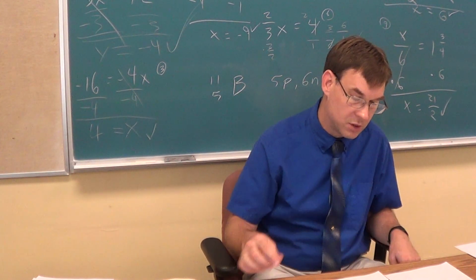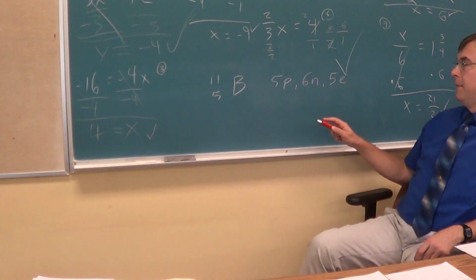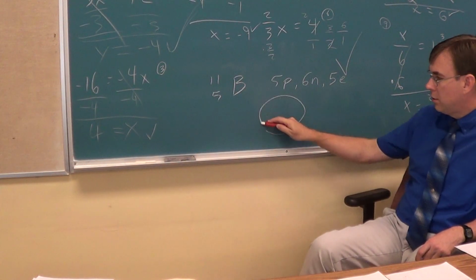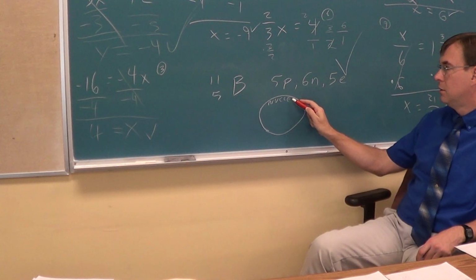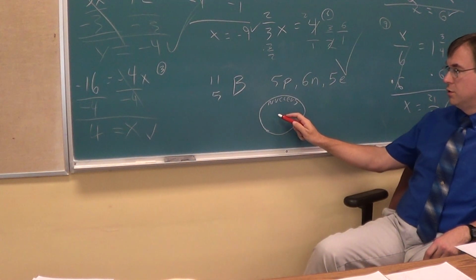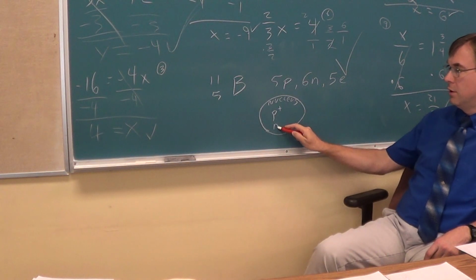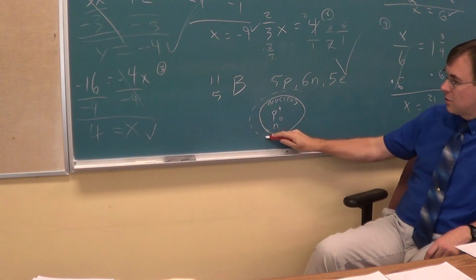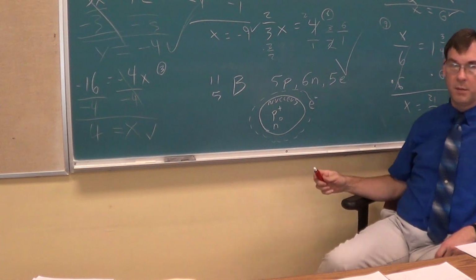So if we're trying to describe where protons, neutrons, and electrons live, what would I draw for my picture? A circle that's called the nucleus. Protons and neutrons live in there, electrons live like a circle around it. Electrons float around, and that's a good enough drawing for me for now.